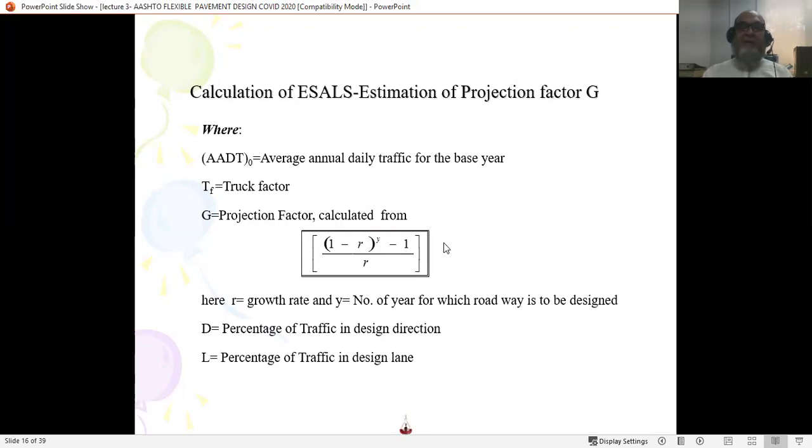Remember, this projection factor is only valid when R is greater than 0. If R is 0, then this equation cannot be applied.